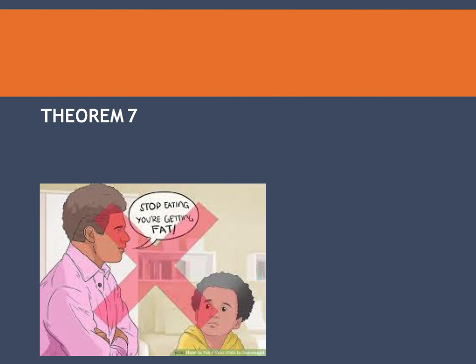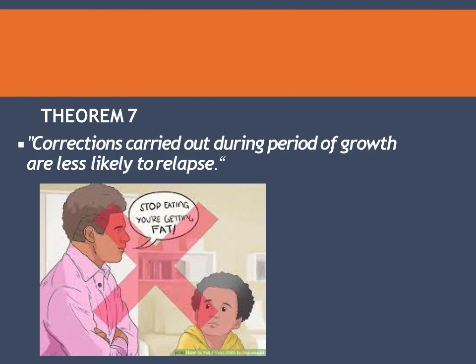So if this girl and boy I'm talking about, who are finding it so difficult to lose weight and have to do overcorrection and literally starve to make sure no relapse happens, if they would have been told the right eating habits right from childhood, then probably this much hassle would not have been created. So the basic idea is that corrections carried out during the period of growth are less likely to relapse.